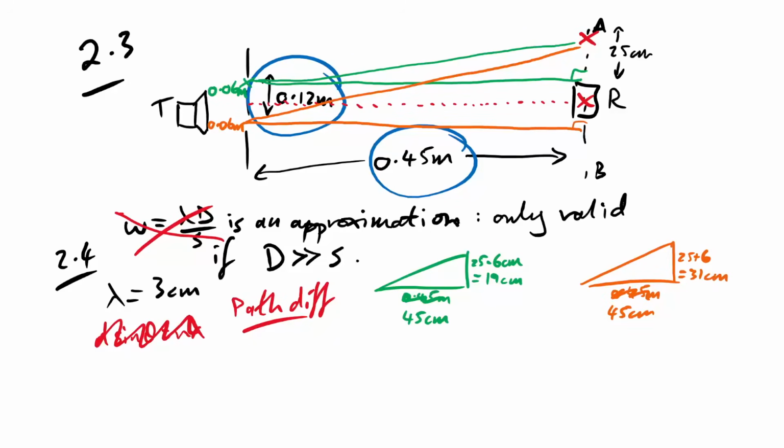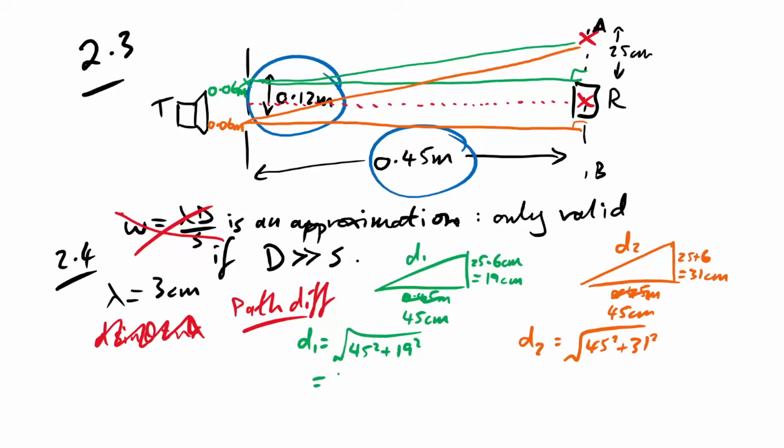Okay, so let's use Pythagoras to find out. Let's call them D1 and D2. So D1 is going to be equal to the square root of 45 squared plus 19 squared. D2 is going to be equal to the square root of 45 squared again, but now plus 31 squared.